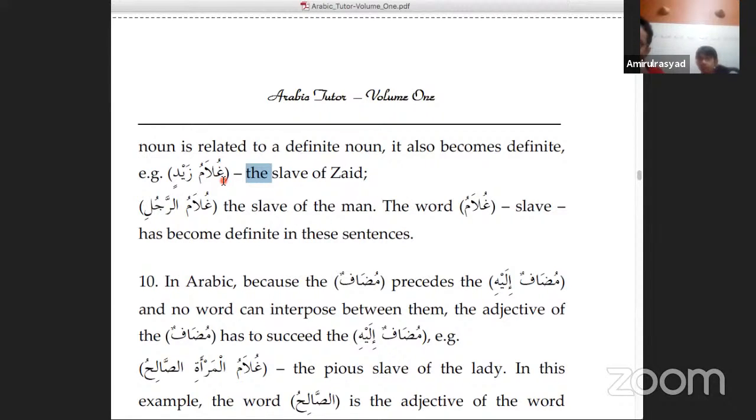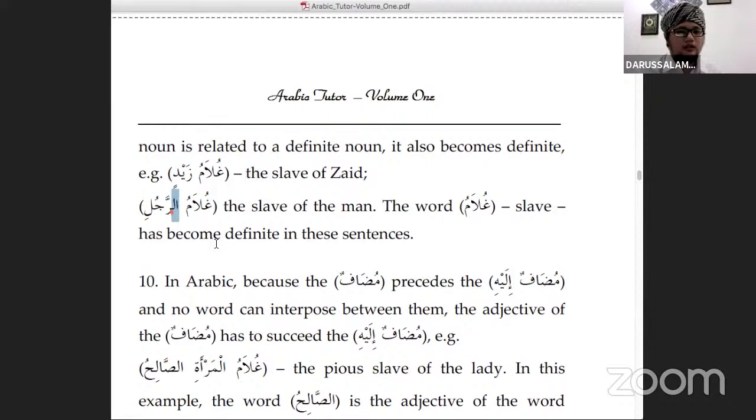Because of the alif lam. Ar-rajul, alif lam, mu'arraf bil lam. Remember that? The man. So when we say ar-rajul, it is ma'rifah.